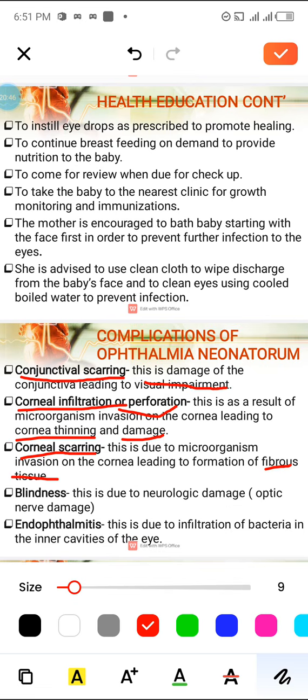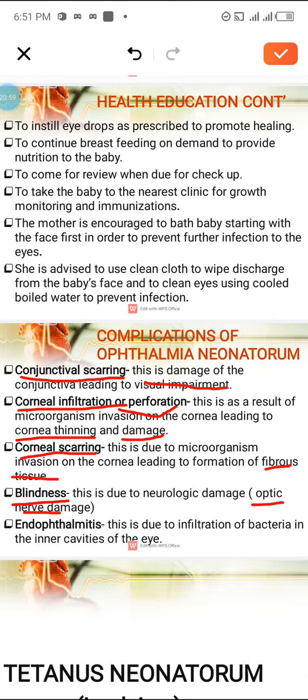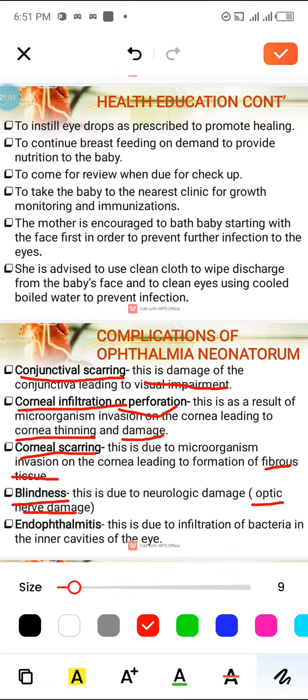Then we also have blindness, which is mostly caused by what we've discussed above. During this process, the optic nerve, which is a sensory nerve, will be damaged. And if it's damaged, the child will never see again. So this is bad as well for the infant or the neonate.